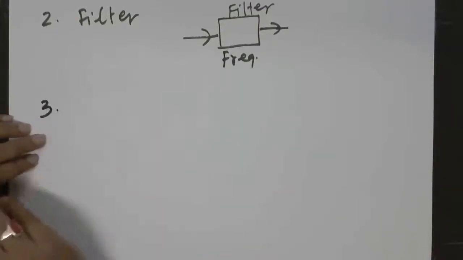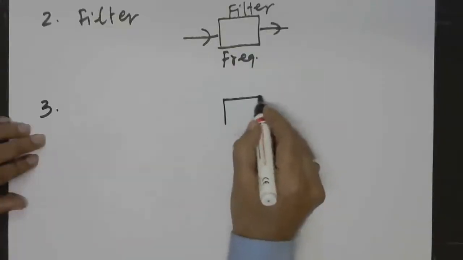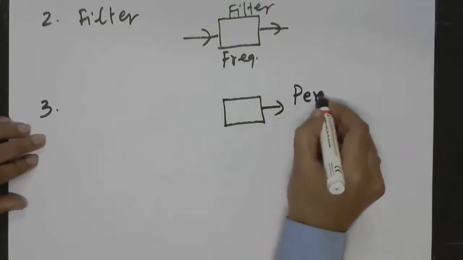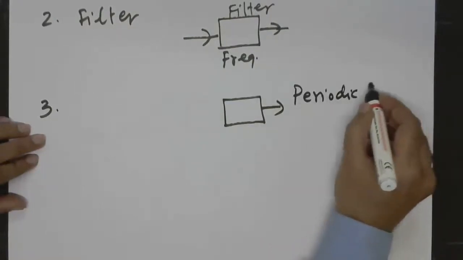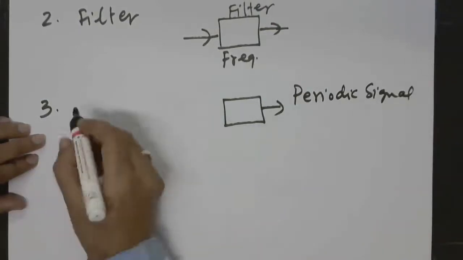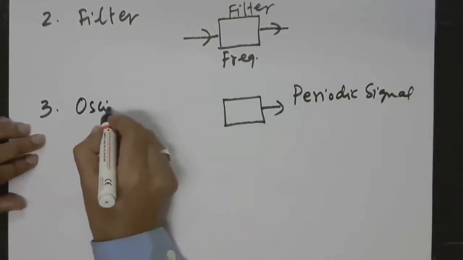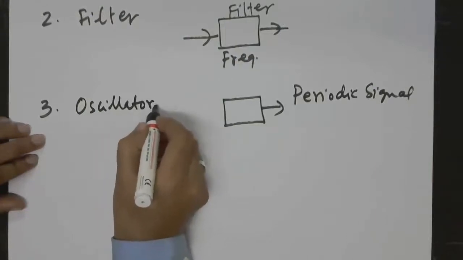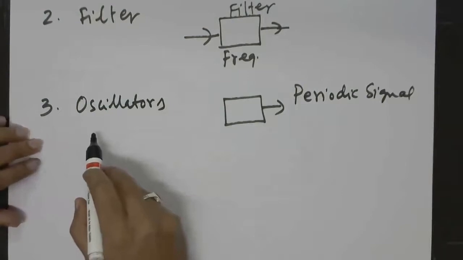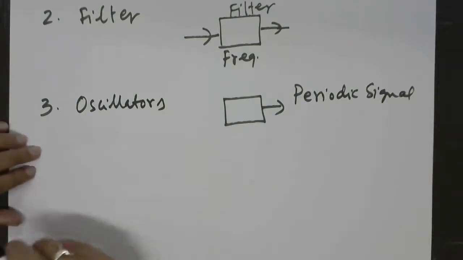And the third circuit will be producing a periodic signal on the output side, and such circuits are called oscillators. So this is the third major circuit that we will study in this course.